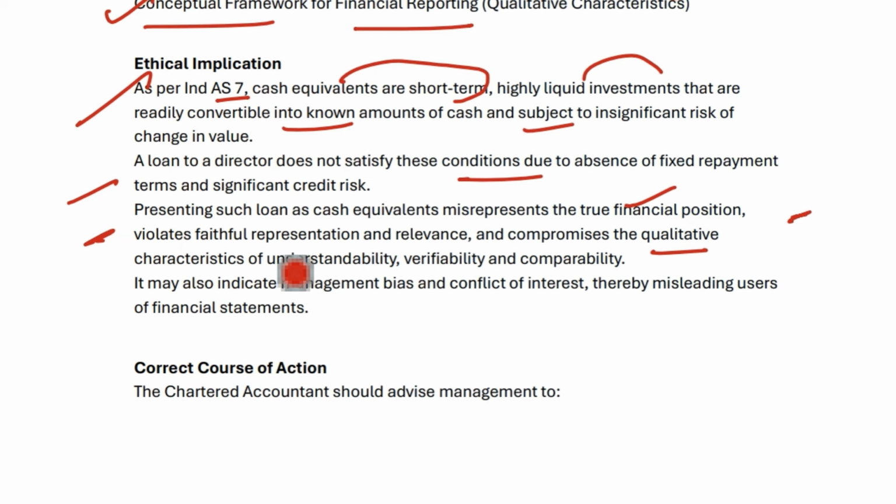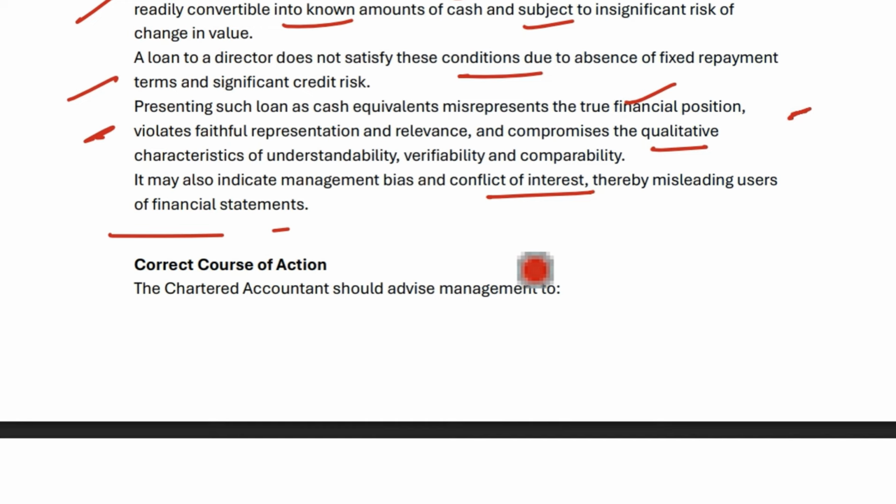It may also indicate management bias and conflict of interest, thereby misleading the users of the financial statements. So you have to write that this is not a cash and cash equivalent, this is a loan given. If you are treating it as cash and cash equivalent, then you are misrepresenting the financial position and compromising the characteristics.